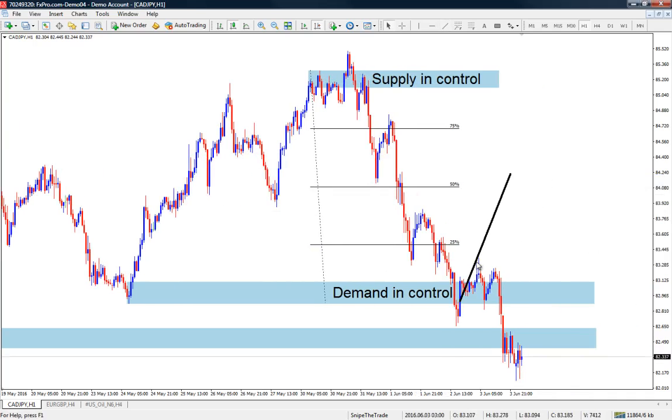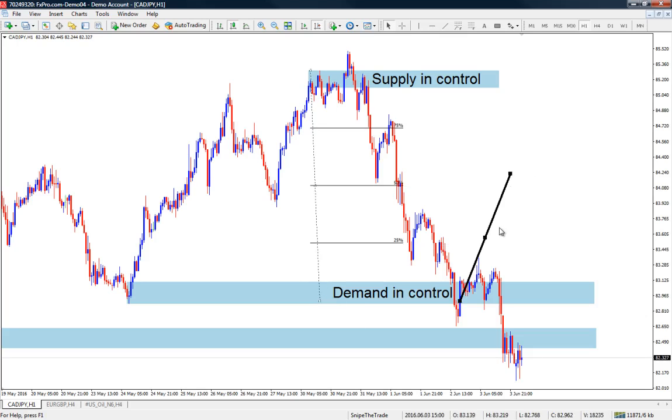And when we have a demand in control, we are going to do the same thing. Let's assume that price actually bounced from this area of demand and started making higher lows and higher highs. All right.